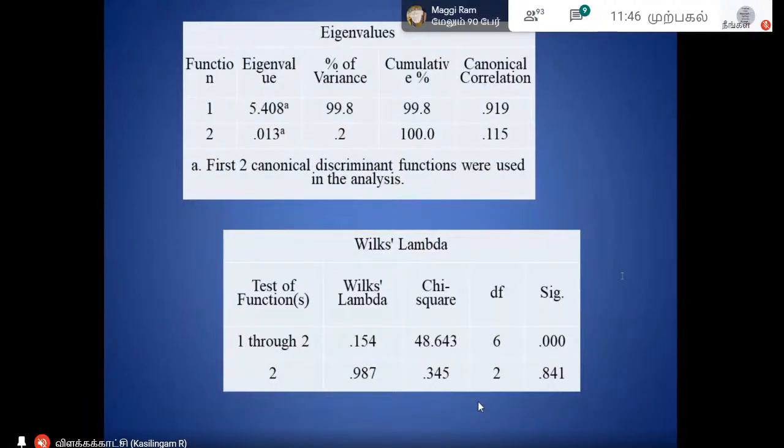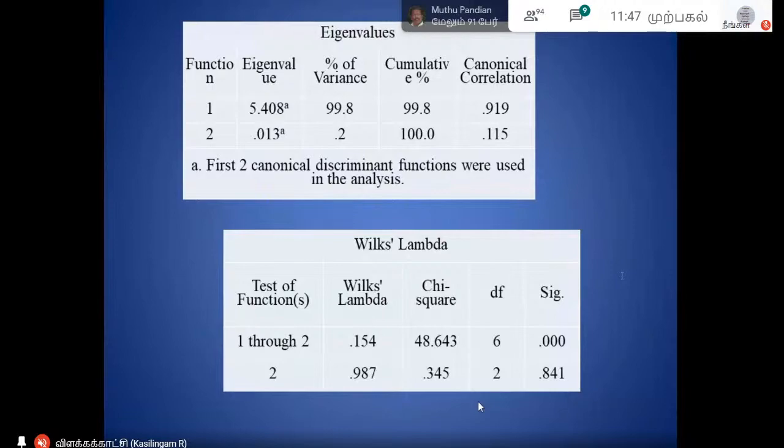Which means in both together also there will not be any significance, right? Yes or no? So function 2, it is 0.841, which is not at all significant. That is number 1. Number 2, look at the eigenvalue.